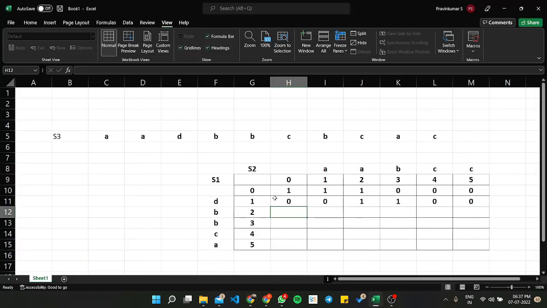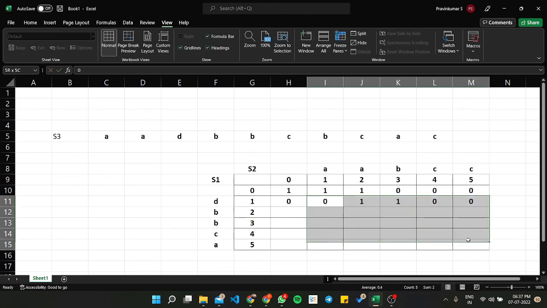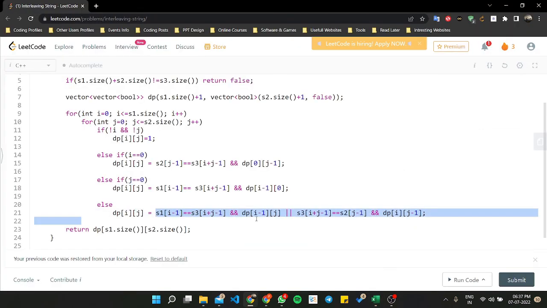In other cases there are two possibilities: whether the character comes from S1 or S2. So I want to check both conditions, the first string condition and the second string condition. If it comes from S1, I check whether its subproblems are also solved.